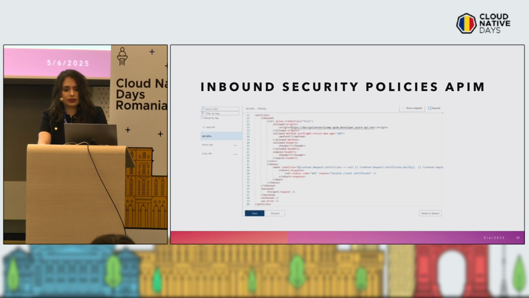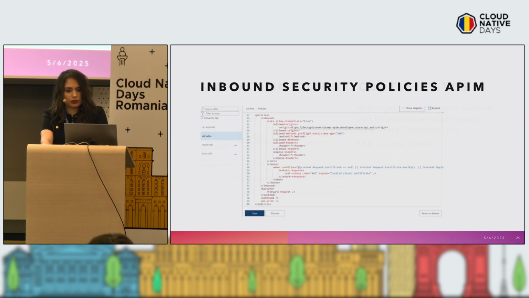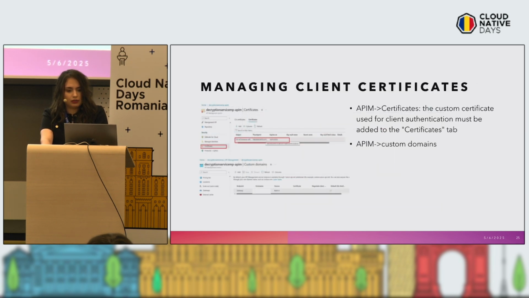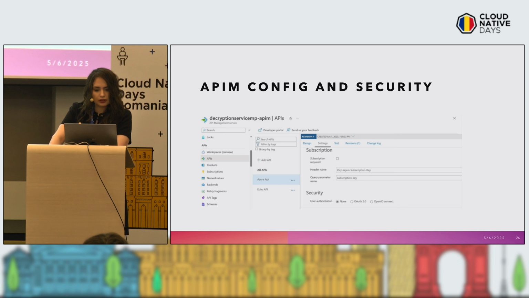And this is the full configuration of the inbound processing policy. Then there are some screenshots for managing the certificates in APIM. The OAuth and JWT can be configured here, after defining the API, under the security tab.